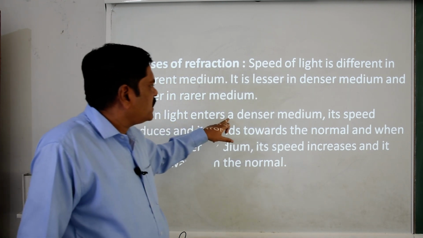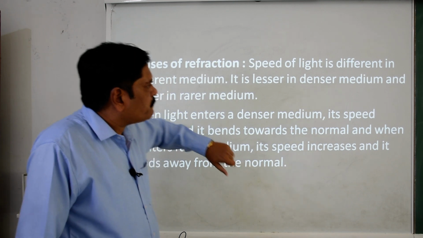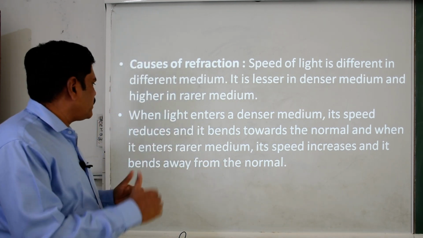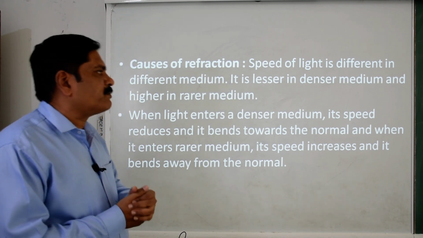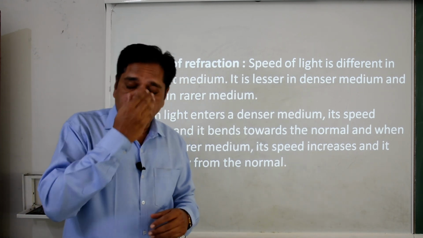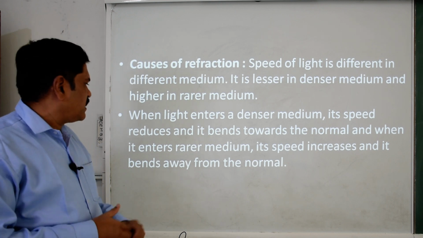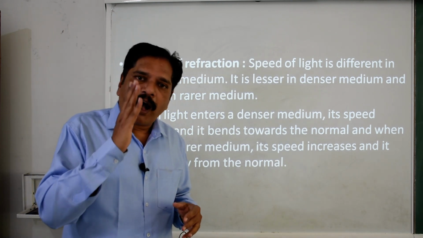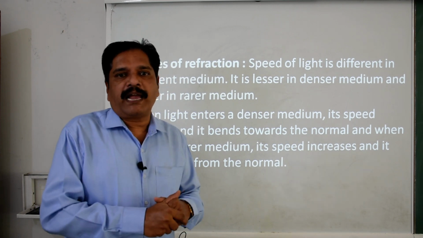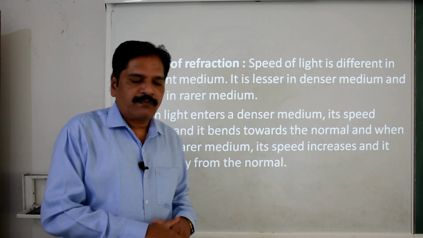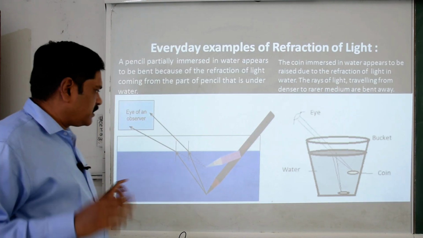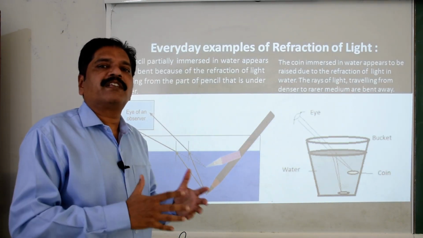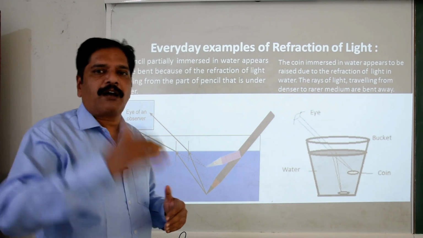So when the light enters a denser medium, its speed reduces and it bends toward the normal, and when it enters a rarer medium from the denser one, its speed increases and it bends away from the normal. Okay, so this is the reason why the bending of light is observed. When the speed of light decreases, it bends toward the normal, and if the speed of light increases, it bends away from the normal.